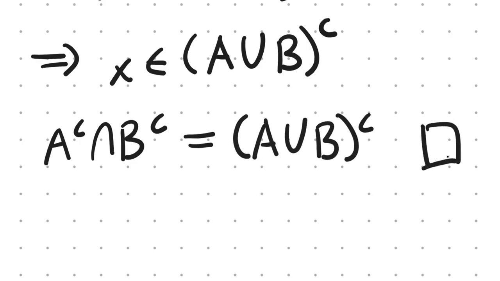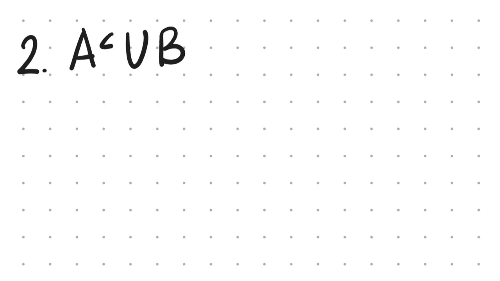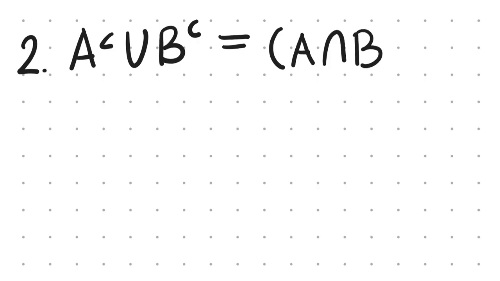So this is the first De Morgan rule, and I would like to prove to you guys the second De Morgan rule. So the second rule states that if we have A complement in union with B complement, that this is equivalent or equal to saying (A intersect B) complement.